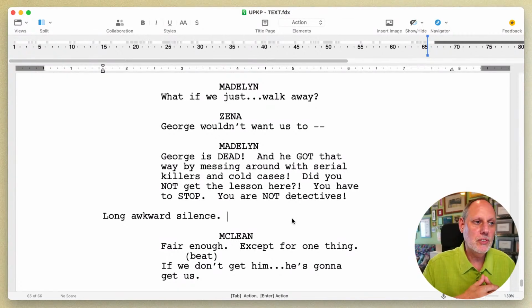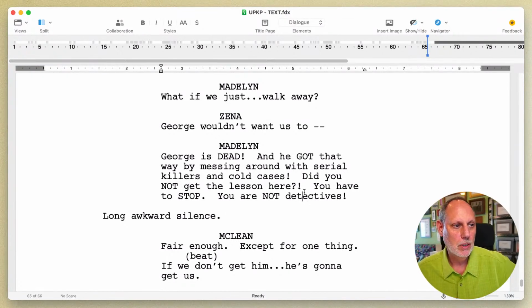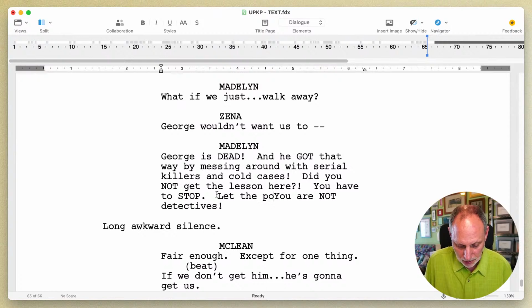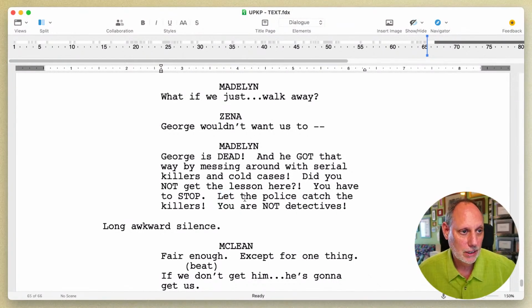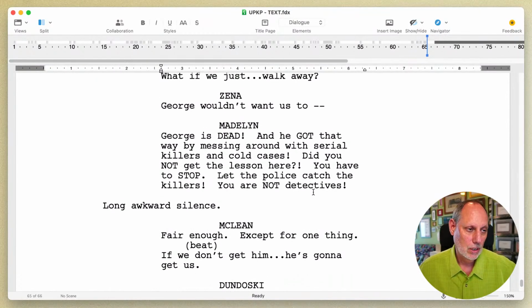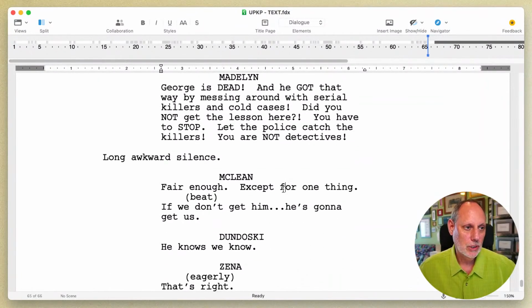I like this, and this is Madeline's point. Let the police catch the killers. You have to stop. You are not detectives. Fair enough, except for one thing.